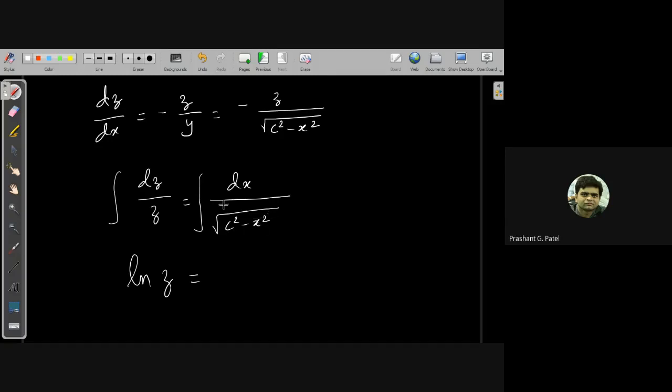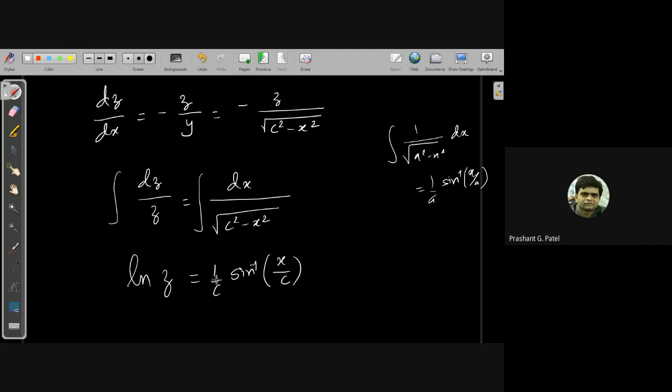So we know that the integration is sine inverse of x by c. So we know the formula for the integral of 1 upon square root of a square minus x square dx is sine inverse of x by a. This is the formula.